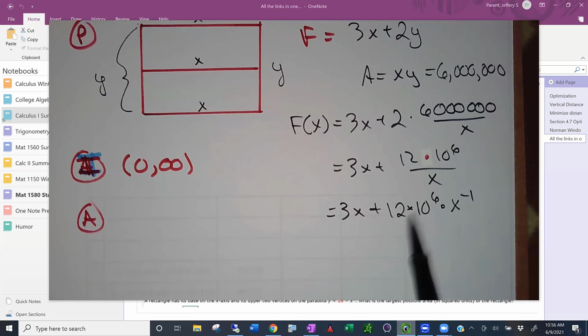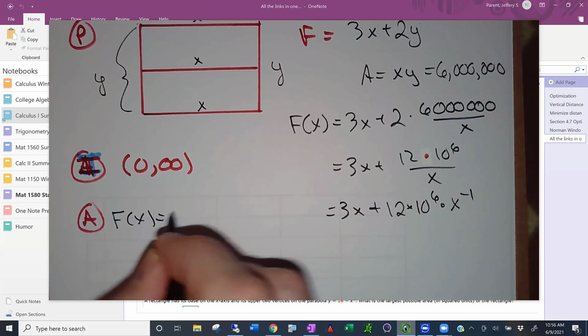Can you see the advantage of this as opposed to this? Here you have to use a quotient rule. Here, this is just a polynomial type term. It's not really exactly a polynomial type term because it's negative, but you can differentiate it just the same way you would a regular polynomial.